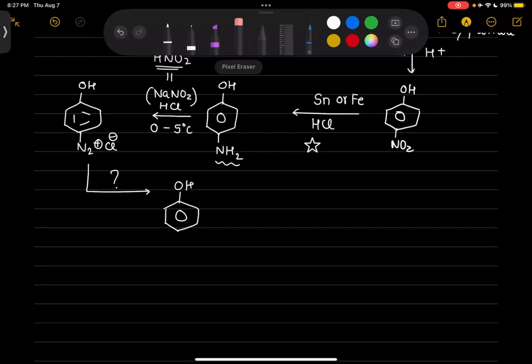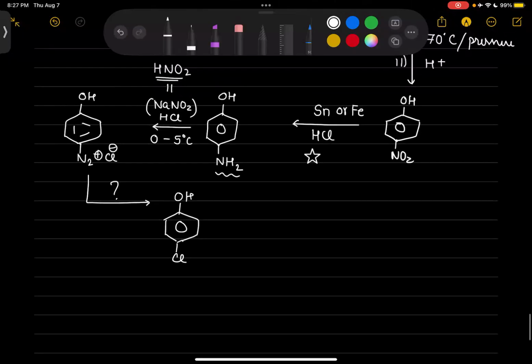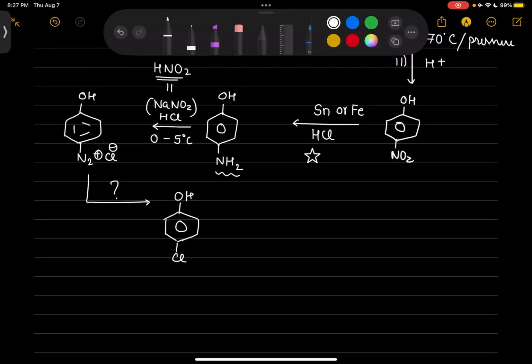To get it converted to Cl, I can put Cl also. So tell me. So NaNO2 and HCl we have taken.